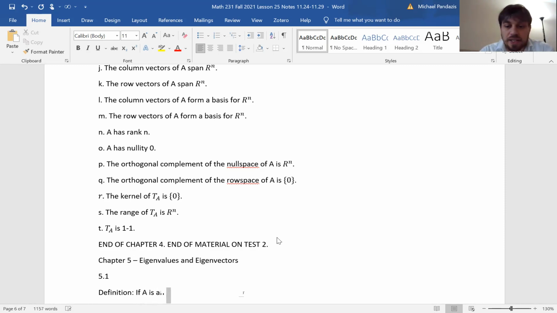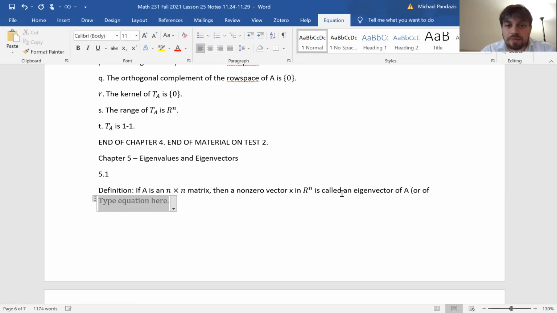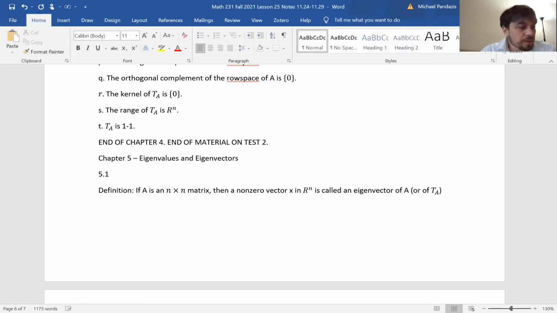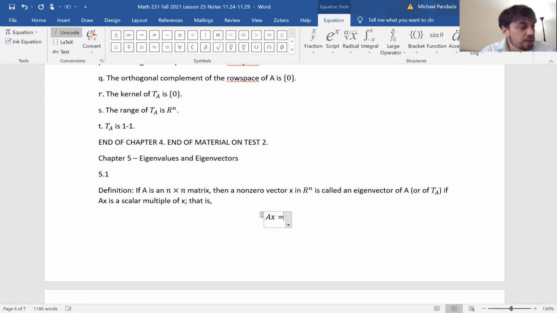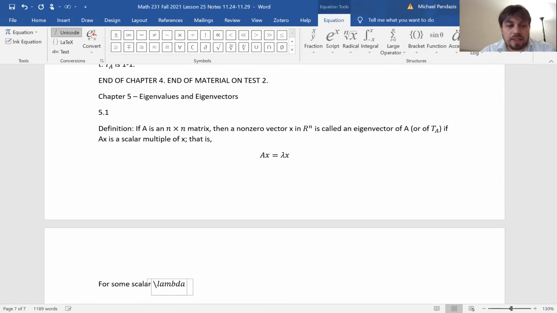If capital A is an n by n matrix, then a non-zero vector x in Rn is called an eigenvector of A or of T sub A if AX is a scalar multiple of X. That is, AX is equal to lambda X for some scalar lambda.